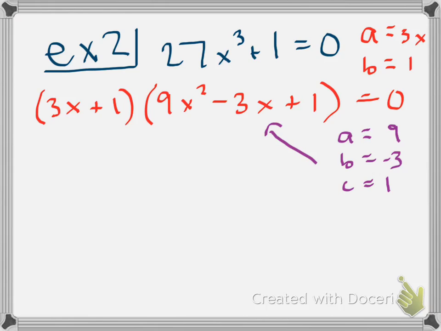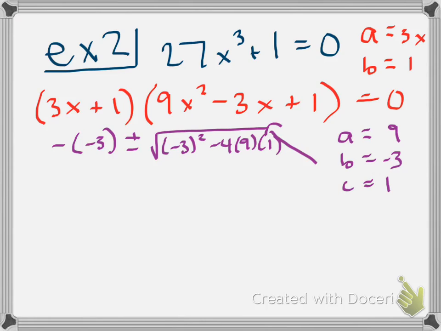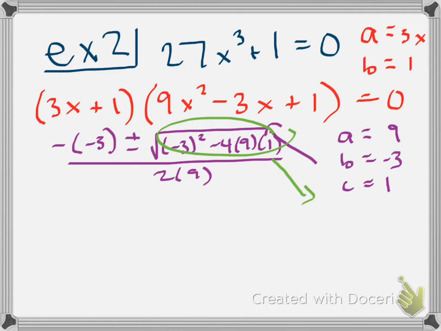The quadratic formula is negative b plus or minus the square root of b squared minus 4 times a times c, all over 2 times a. And again, we've talked about how we take our square root value off to the side and figure that out. Still applies here.